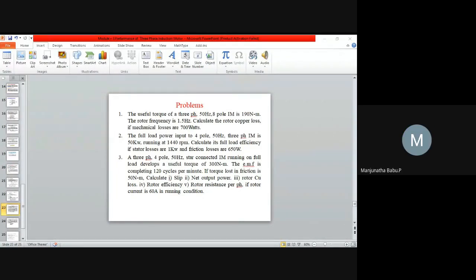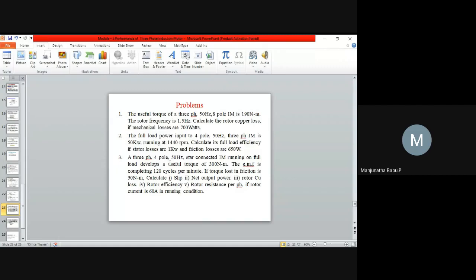Only Jaipunit is solving, or what about others? Please try to solve. Okay, so let us go for the third numerical.